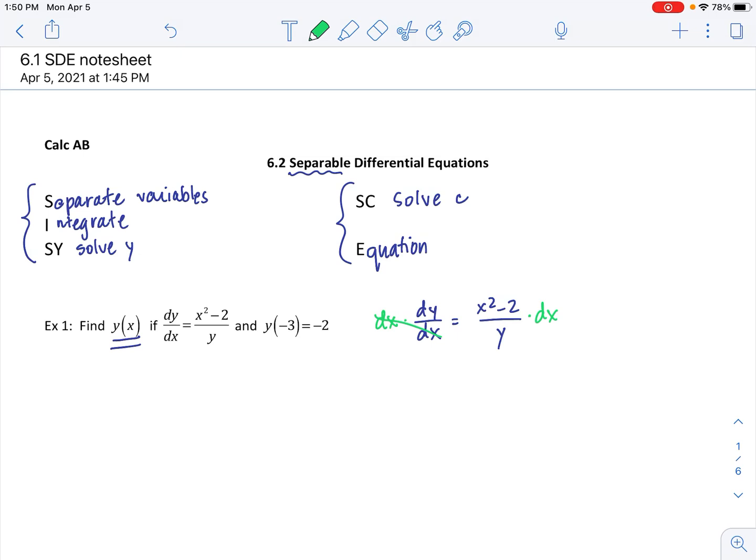An intermediate step there would be dy equals x squared minus 2 dx, still all over y. We like the x squared minus 2 with the dx, but we want to get the y to the other side, so now we're going to multiply by y. Then we have our separated equation because the y's cancel on the right side, and the equation we're solving is y dy equal to x squared minus 2 dx. So the first S, check, we did that.